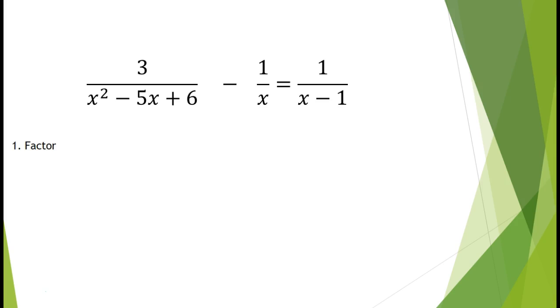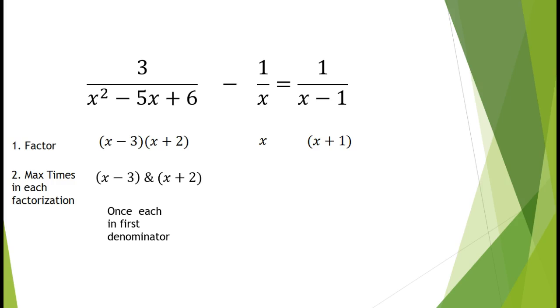Now, our first step is to factor the denominators. So, the first expression factors like this, and the second and third expressions were already fully factored. Now, I'm going to look at each factor. x minus 3 and x plus 2 appear once each in the first denominator.